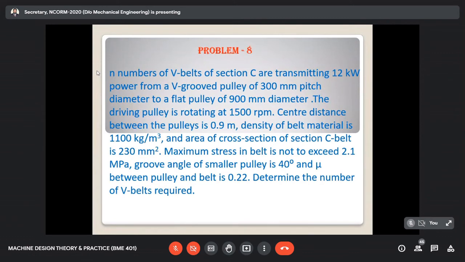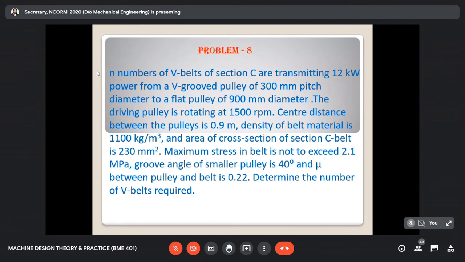N number of the V belt, section C are transmitting 12 kilowatt power from V groove pulley of 300 millimeter pitch diameter to a flat pulley of 900 millimeter diameter.